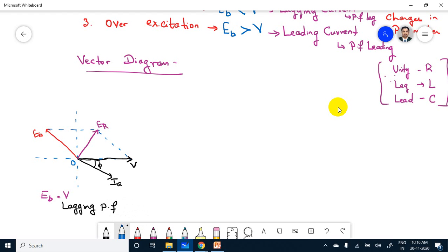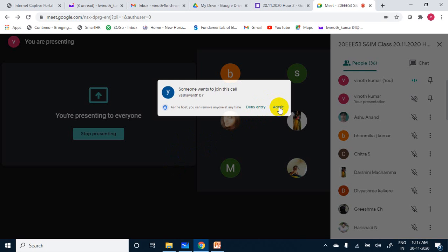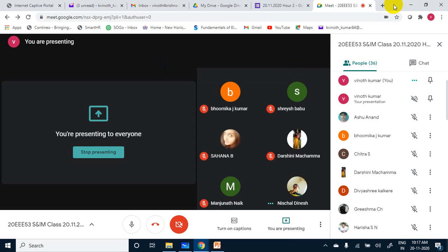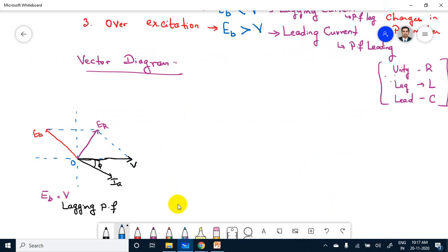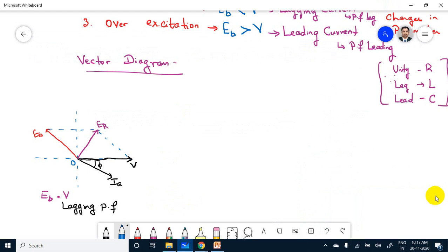So the angle between ER and V will be alpha. The angle between EB and V, this is EB, okay, EB minus B. This one is also alpha.